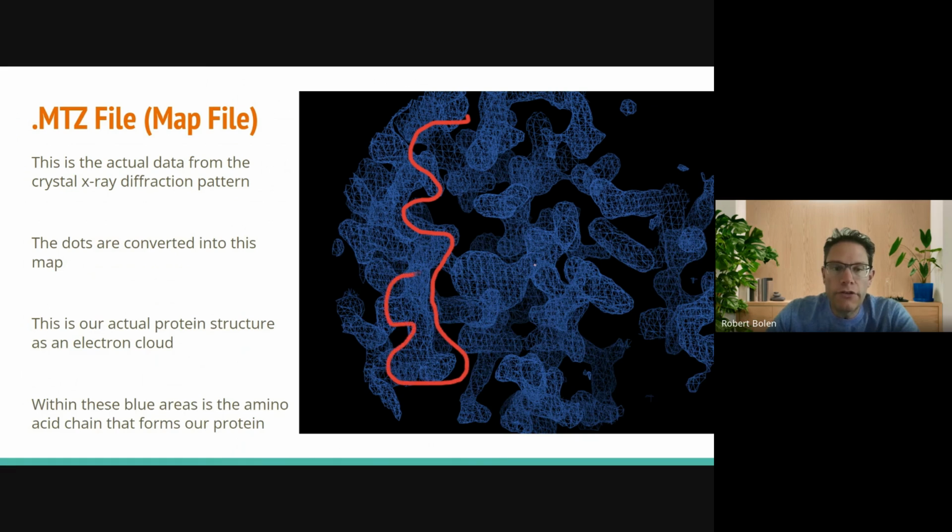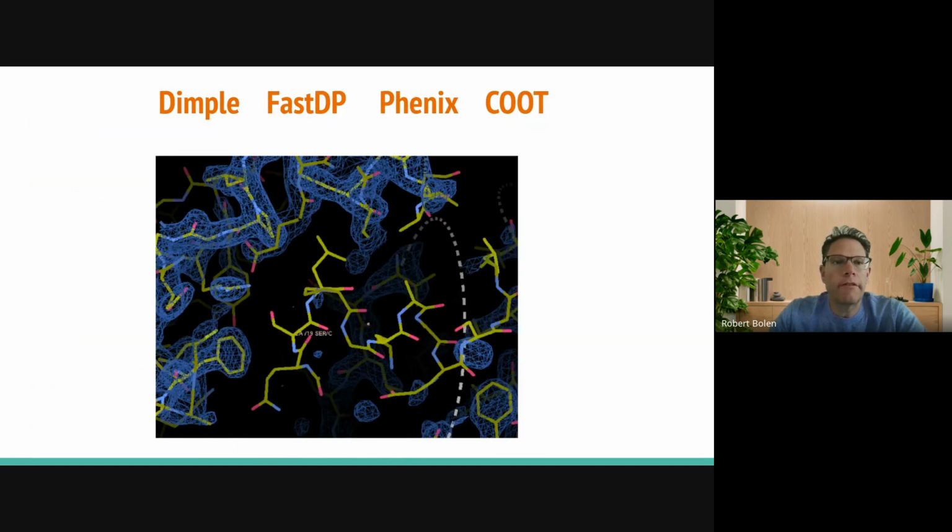And this basically shows us where the electrons are that form our protein structure. All of these little lobes indicate places where there might be a nitrogen or a hydrogen or a carboxyl group that forms an amino acid. But this is the actual structure that we have. And so we use this as the map to build our protein, okay?